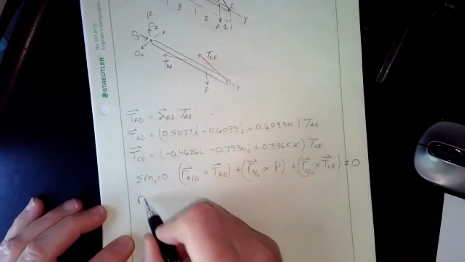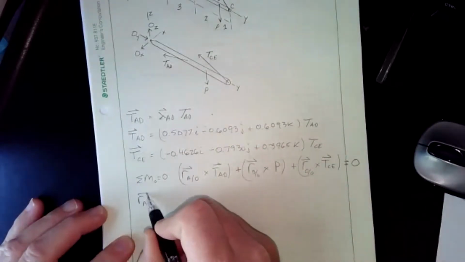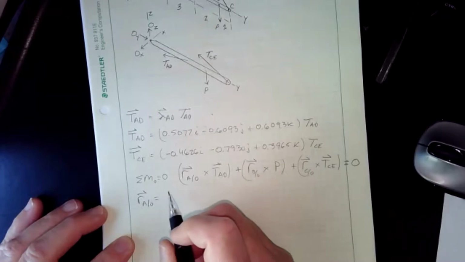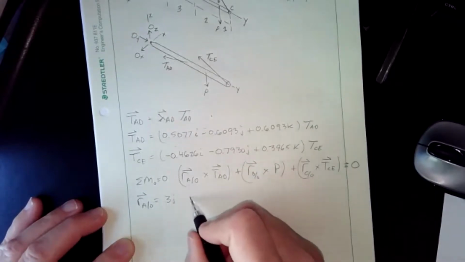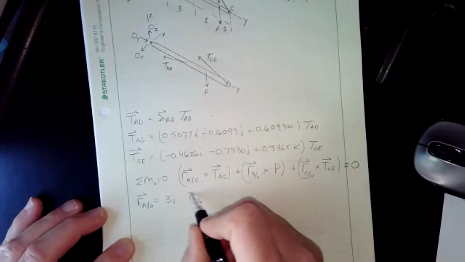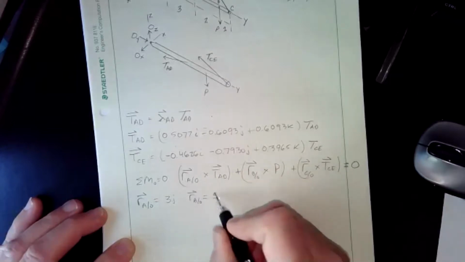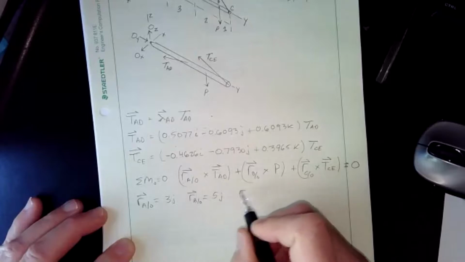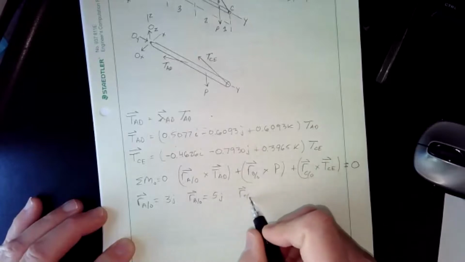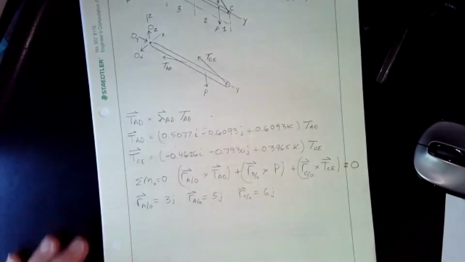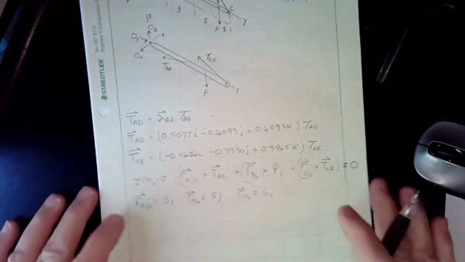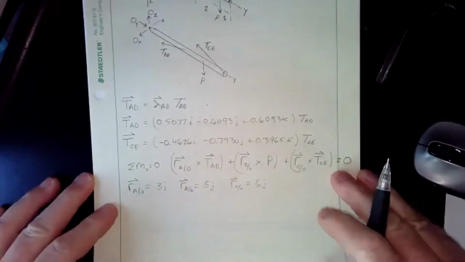R A relative to O gives us 3J, R B relative to O gives us 5J, and R C relative to O equals 6J. Then it's just a question of setting them up as cross products.